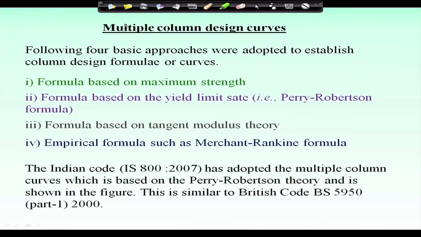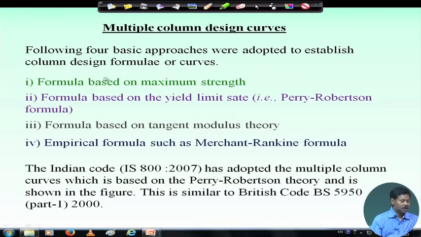So, four different approaches have been considered for finding the design column formula. One is the formula based on the maximum strength. This is one approach which people have tried.